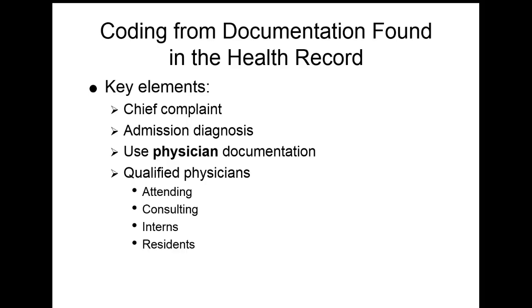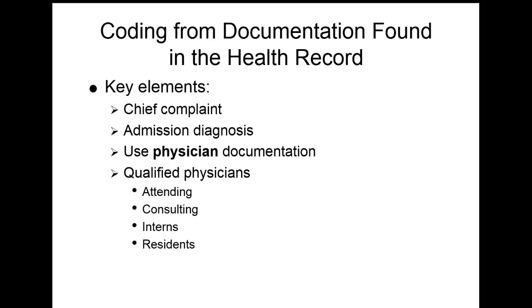But typically we are coding from physician-generated documentation. There are always a few exceptions to that. For instance, if a patient's on a ventilator, we go to the respiratory therapy records to look at their very specific documentation about the time that the patient was on that ventilator. But usually we're just coding from physician documentation.